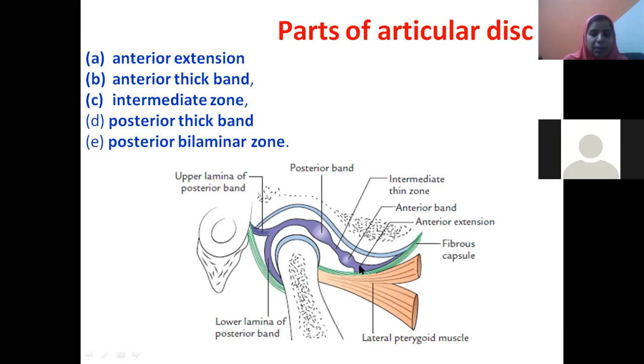Okay, I am telling, see, in front is the anterior extension. Behind, you have the posterior bilaminar zone.